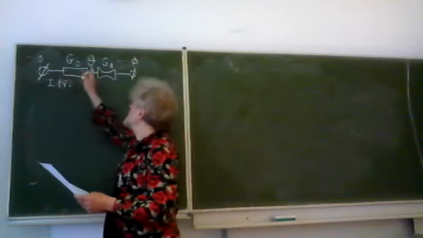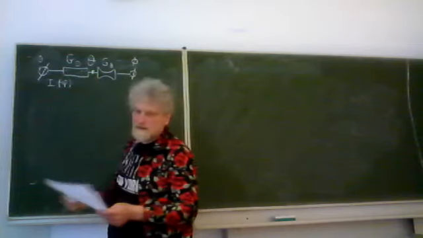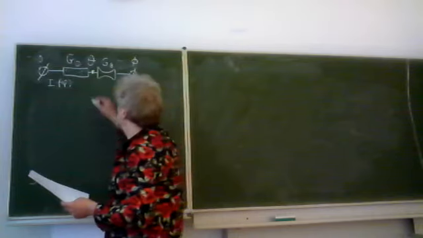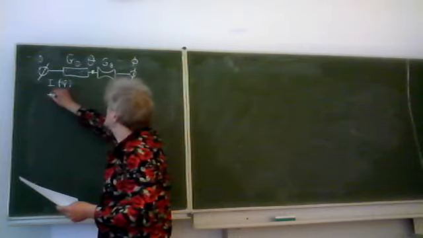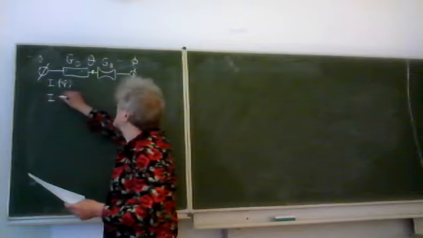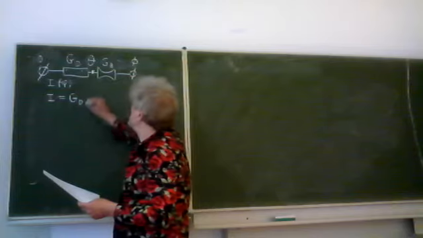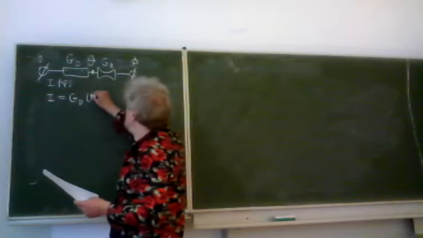For diffusive conductor, current is proportional to the drop of phase at this conductor. So current is GD times zeta.